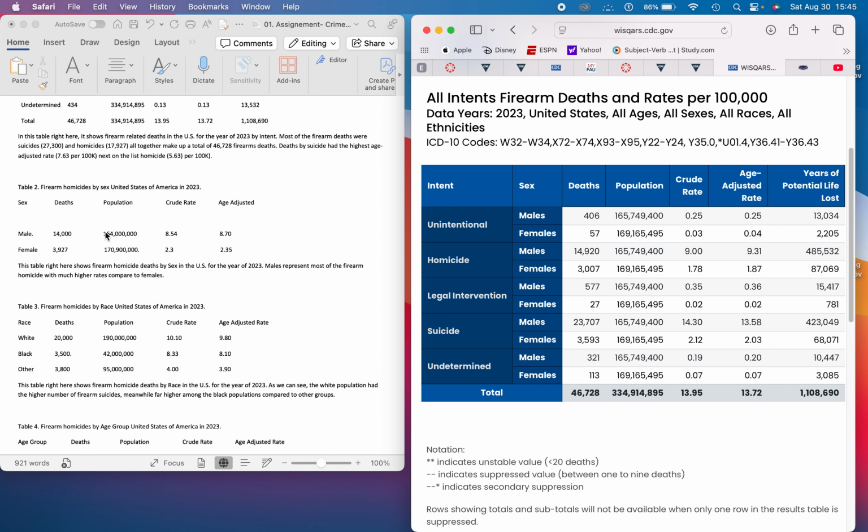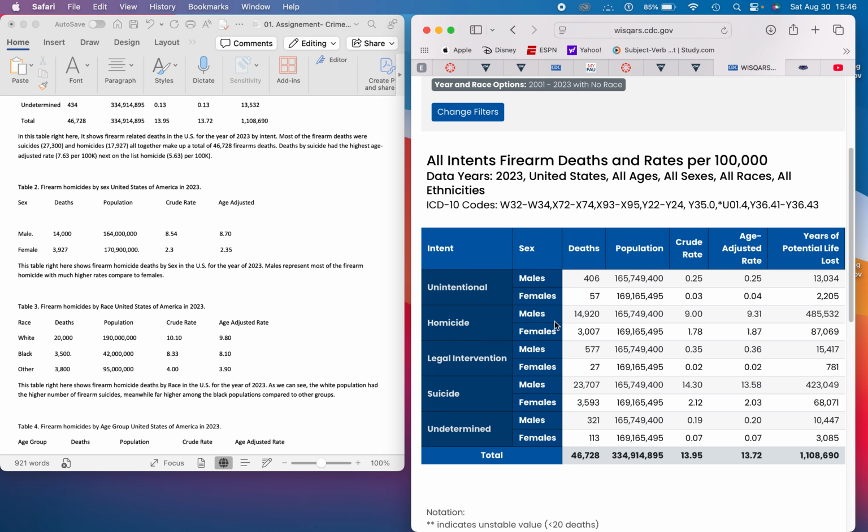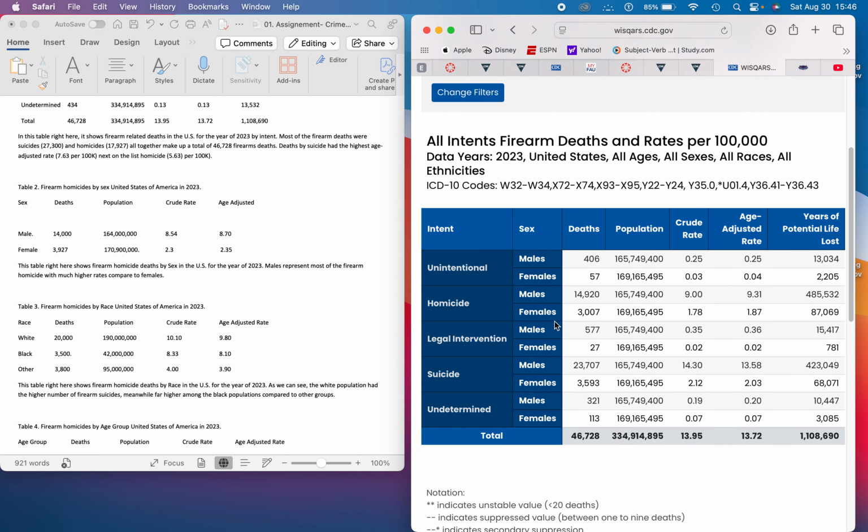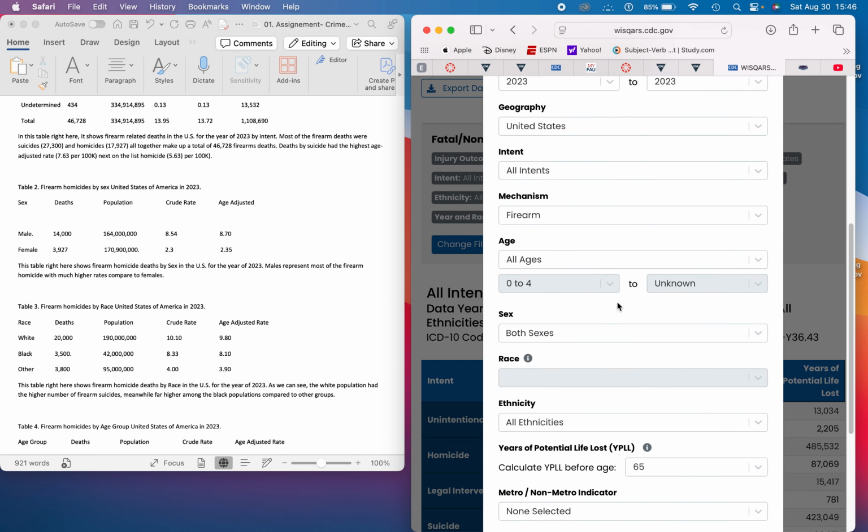This is for males, and then we have a population of 164 million males in the U.S. And right here, what I did is add all this: 406, which is unintentional, homicide 14,000, and that's all in here. It's all in here. Just gotta change the filter a little.